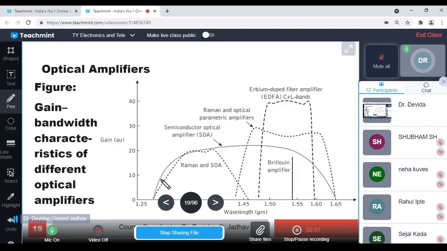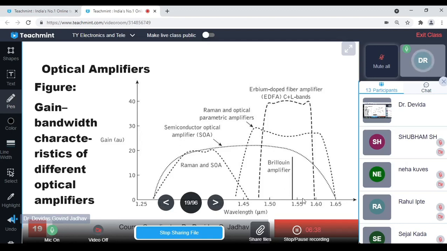This is the graph which shows the gain bandwidth details of various amplifiers, Raman and SOA. The semiconductor optical amplifier, SOA, has very wide bandwidth and high gain, and Raman and optical parametric amplifiers also have sufficiently large gain bandwidth, but the maximum is with erbium doped fiber amplifiers. Those can offer a long distance for the placing of the amplifiers.